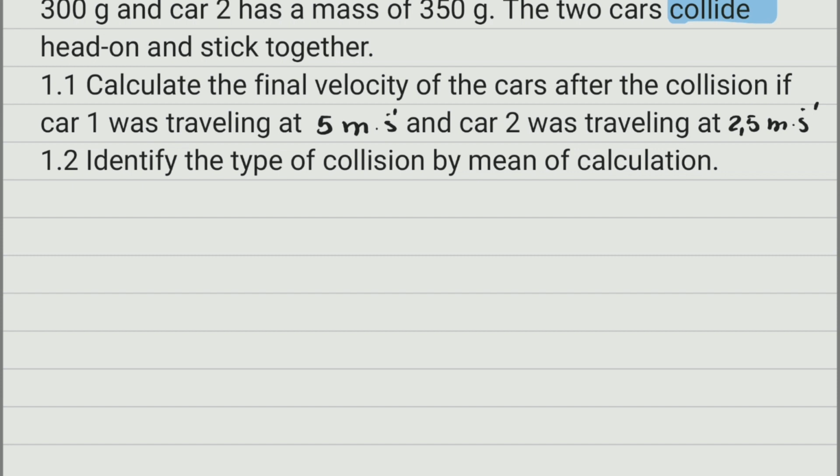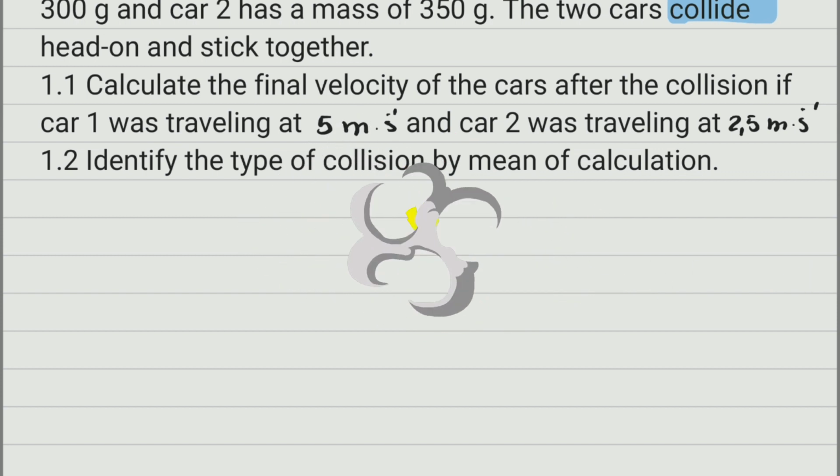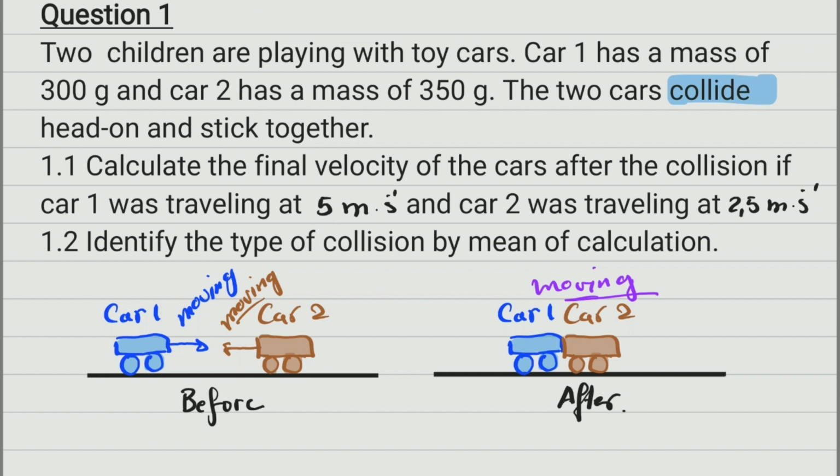So for the first one, before we carry on, let's try to do the drawing of what is happening here, a quick sketch. Okay, so this is the picture of what is happening. We have a car 1 with a mass of 300 grams. So let's write the data here. Mass 1 is equal to 300 grams.